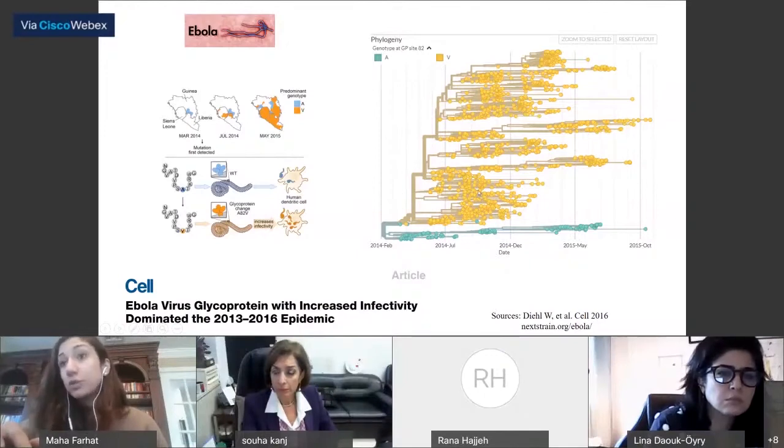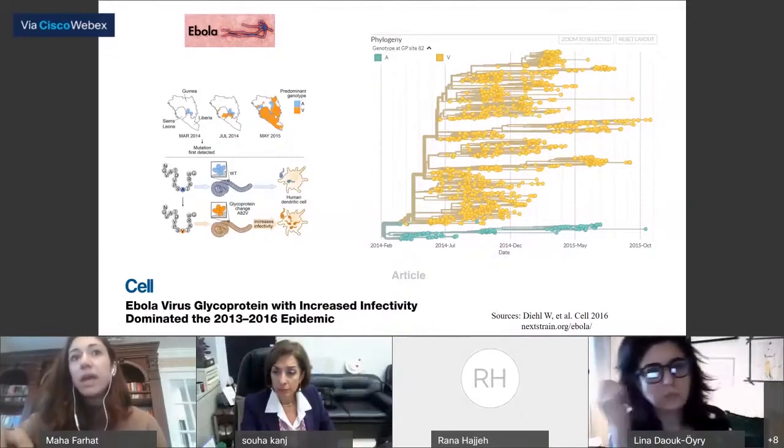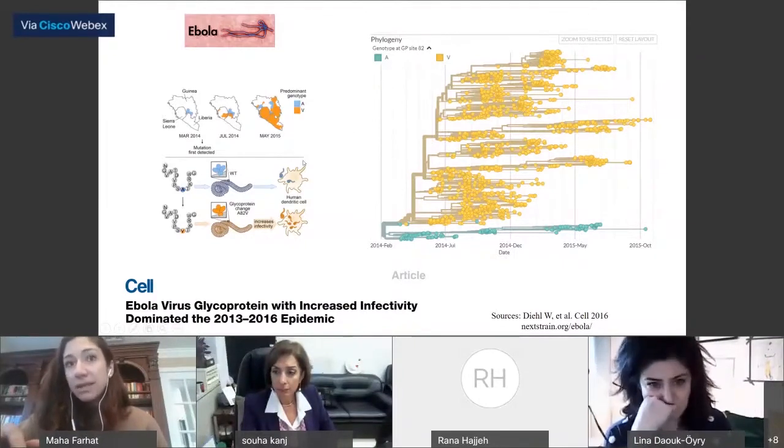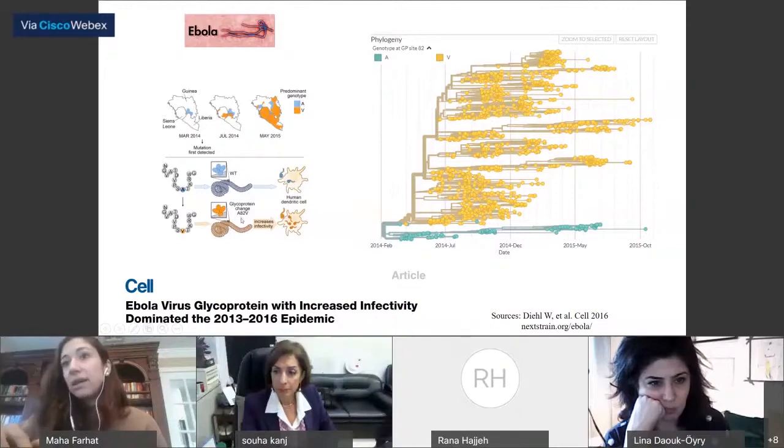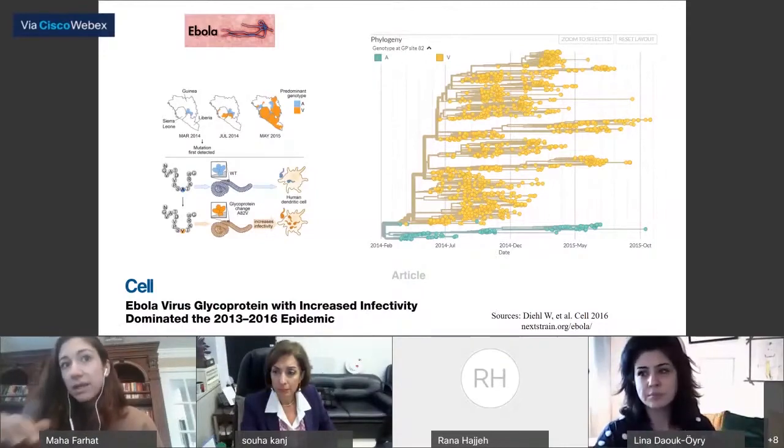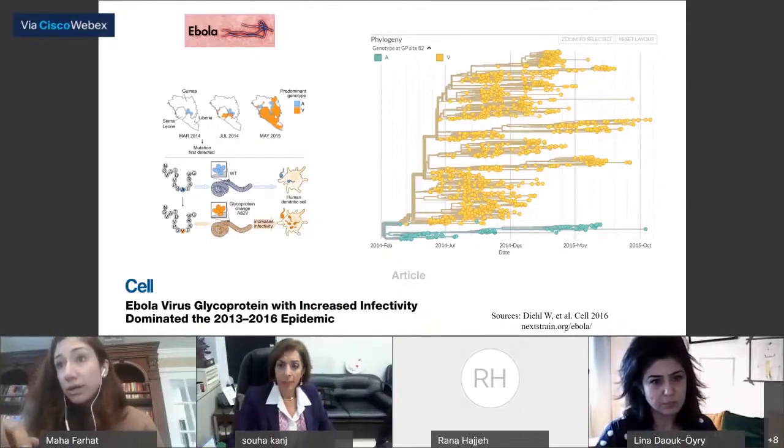And in fact, we know for a fact that it's sweet, meaning all of the daughter virions had developed the V allele. In some basic science experiments, comparing the wild type, meaning the A allele carrying virions, to the V allele, the mutated strain, it was demonstrated that the virions with the mutated V strain replicate more effectively within human dendritic cells, and that is evidence supporting that it's more transmissible from one patient to the other.